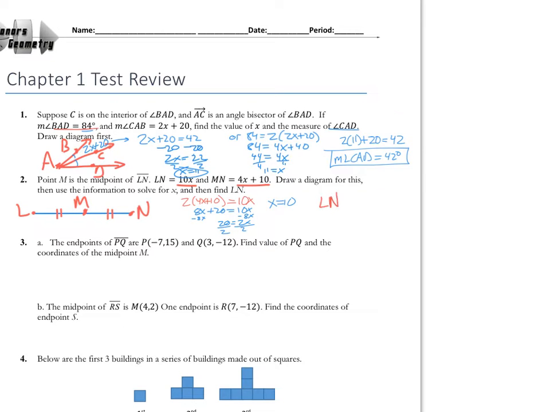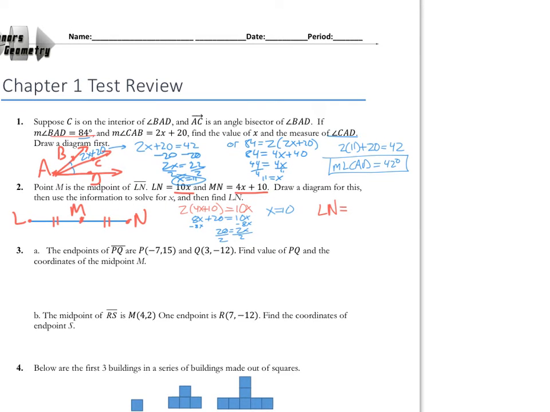Now, by the way, notice there's no bar over this. That means the length of LN. This means the length of MN. Don't forget that. So LN is 10 times x, which is 10 times, well, we just found out that x is 10, which is 100. And there's the length of LN. Okay?